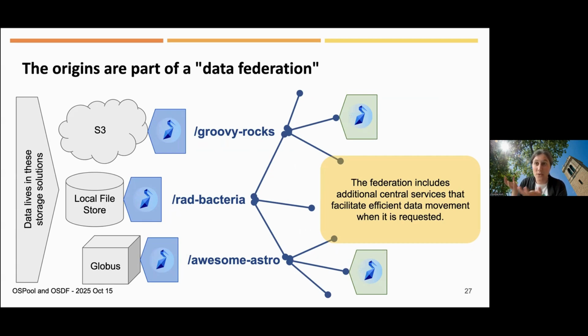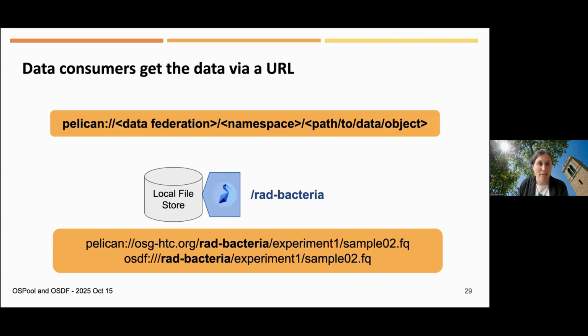Okay, so then how do people access it? Well, there's a special URL format that people can use. There's a couple tools that we'll look at that allow you to download the data. So the overall format is Pelican instead of HTTP, the address of the data federation, the name of the namespace, and then the actual path to the data you want to download.